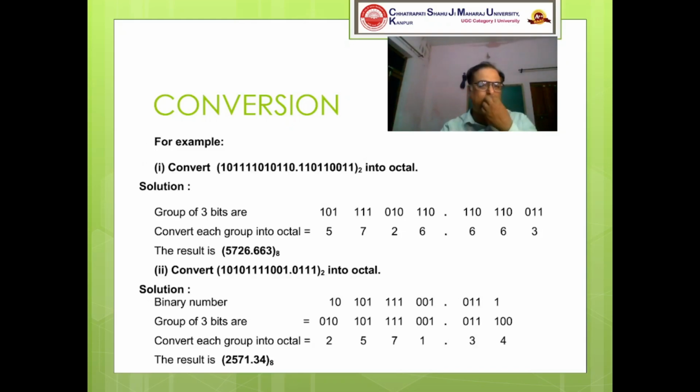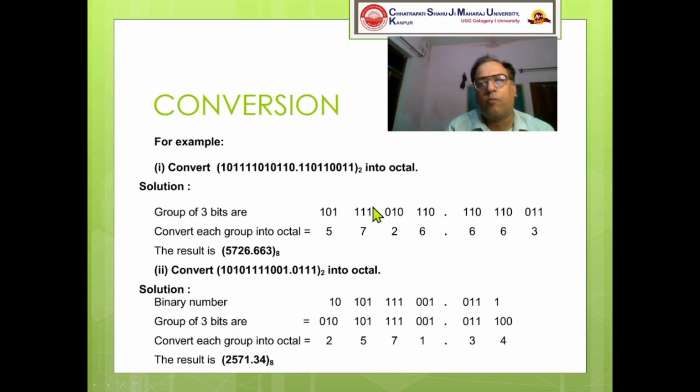We have the binary number shown over here, which is 1 0 1 1 1 1 0 1 0 1 1 0 and so on. Now I am just taking a combination of 3 bits from the point.